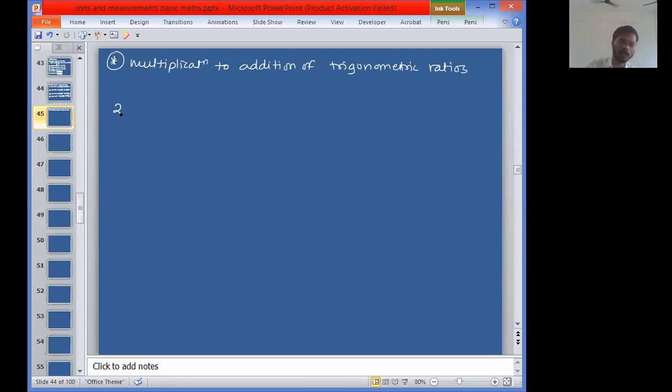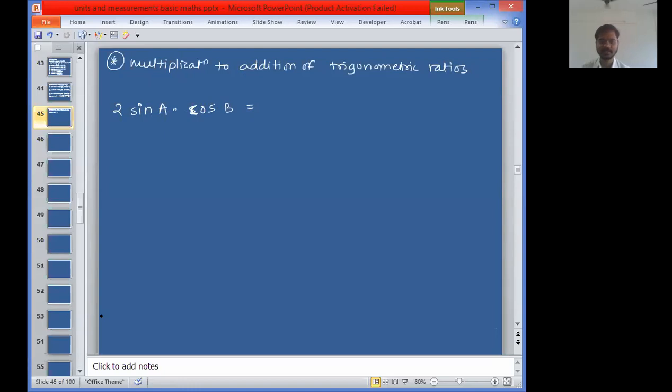Okay. Let's say you have 2 sine cos, with angles A and B. Reply to me in the chat box. 2 sine cos is the answer of what?